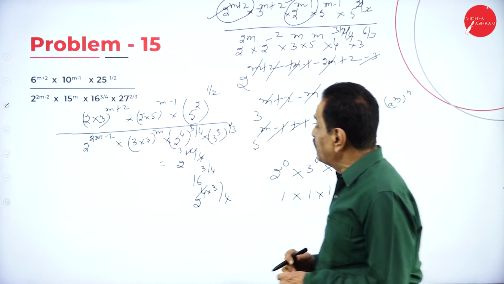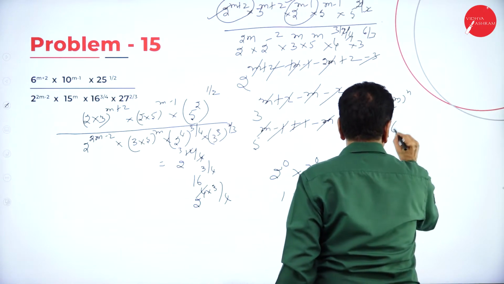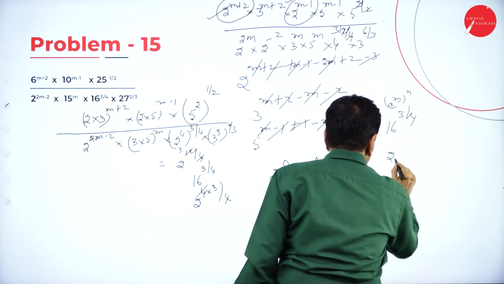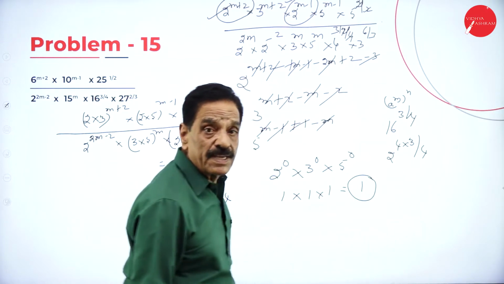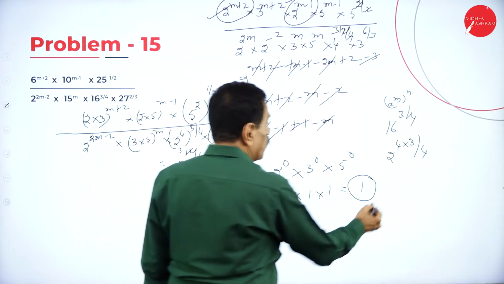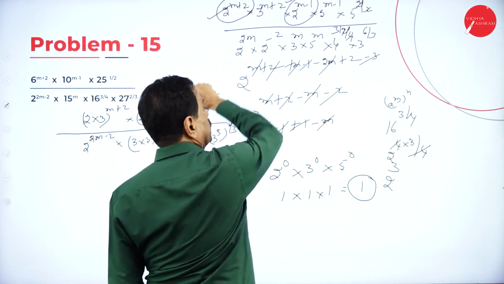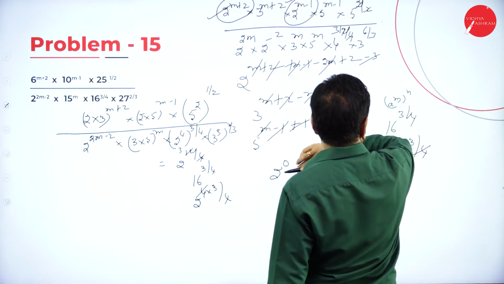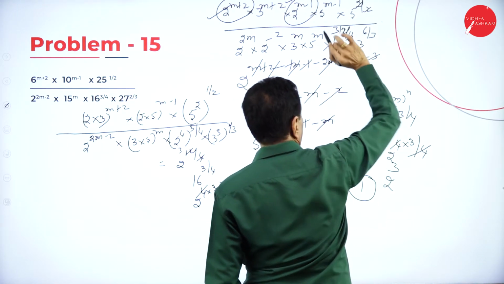If you feel difficulty here, you will simplify that. 16 to the power of 3 by 4 can be written as 2 to the power of 4 into 3 by 4. This can be simplified, 4 cancelled out. This is 2 cube. If we come outside, plus 3 becomes minus 3. 4 cancelled, 3 by 2, 2 cube cancelled out.